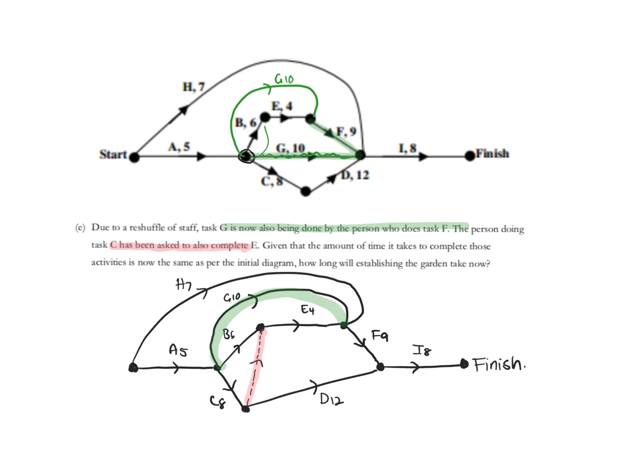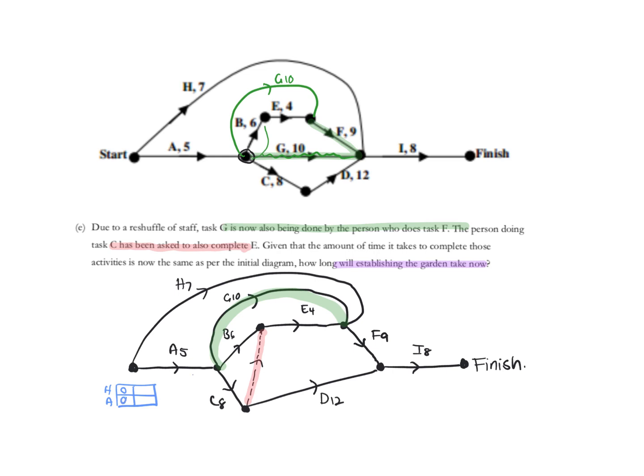Okay, so then it says in the end, given the amount of time to complete those activities are the same, how long will it take to establish the garden? So you need to now go do your tracking through it. So here at the start, we have H and we've got A, and they both go 0.